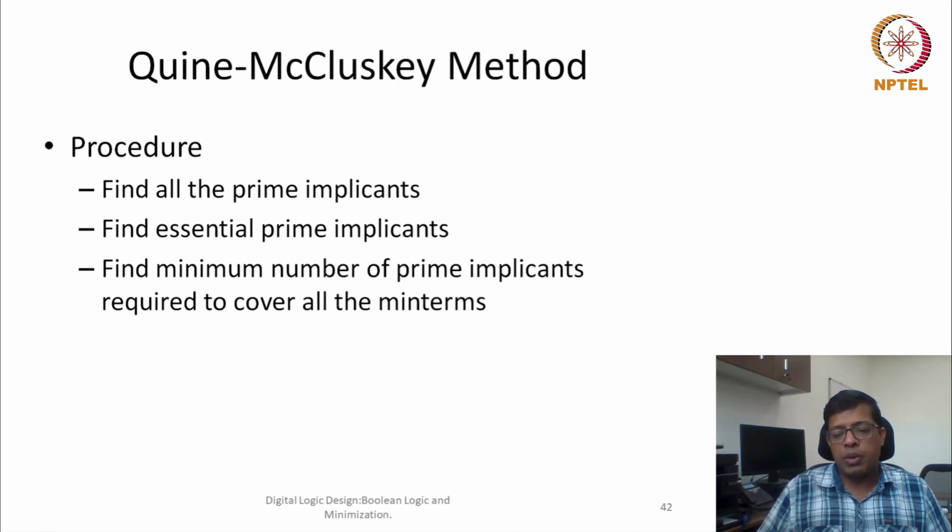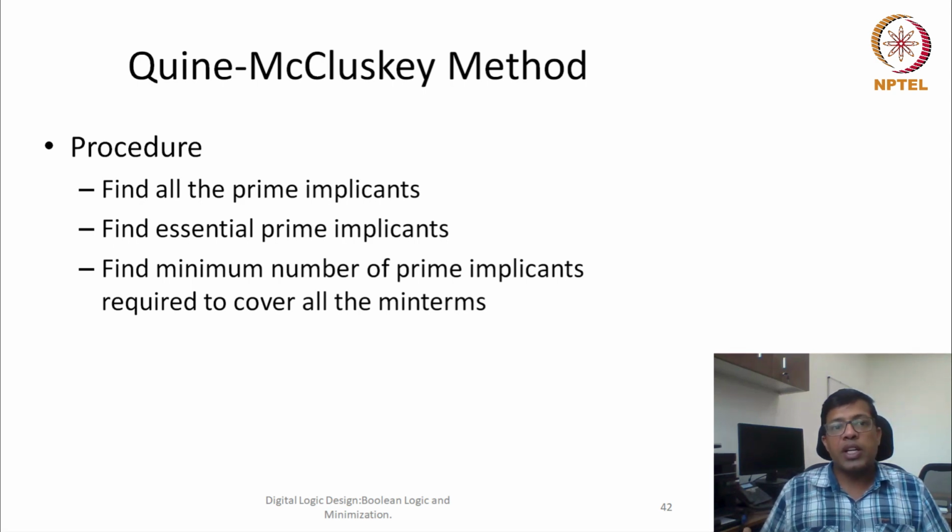So if we summarize the steps in Boolean optimization using K-map: the first thing, we were filling the K-map with all the ones or all the zeros. The second, we were grouping them to form the prime implicants.